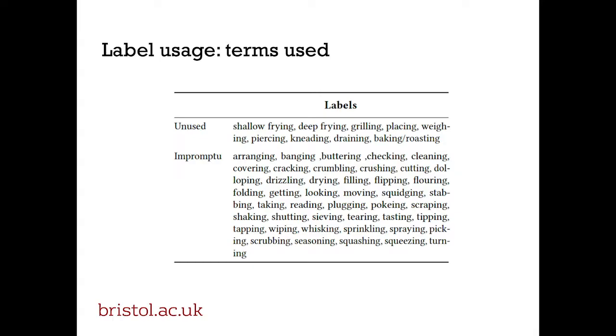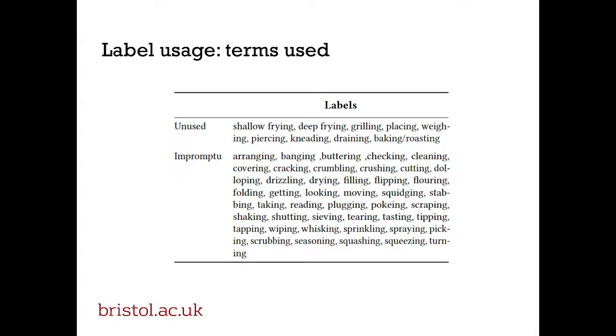If we look at the unused labels, we don't use shallow frying, deep frying, grilling, placing, weighing, piercing, kneading, draining, baking or roasting. But there are lots of impromptu labels: arranging, banging, buttering, drizzling, plugging, poking, scraping, shaking, whisking, all sorts of terms that are shown up there.